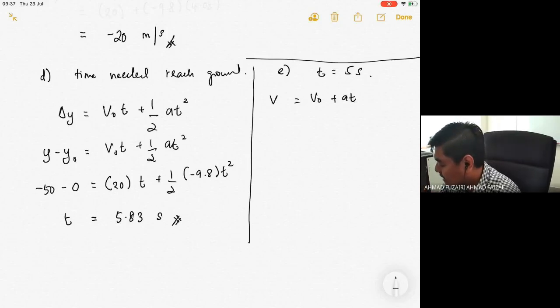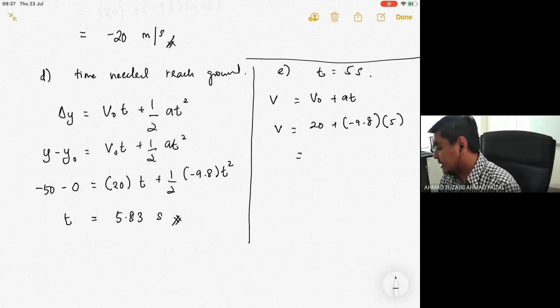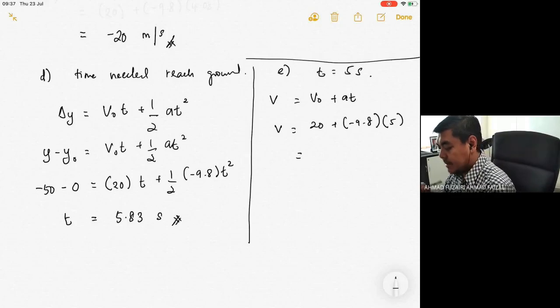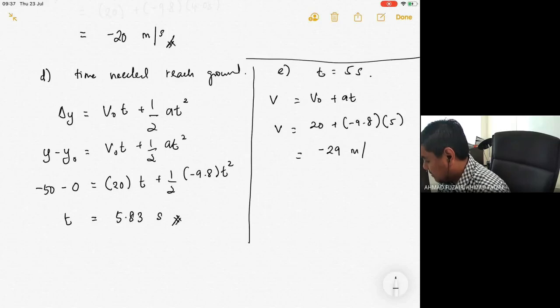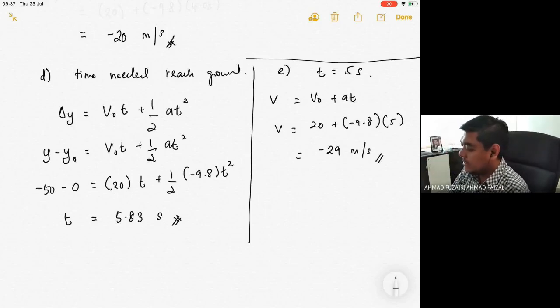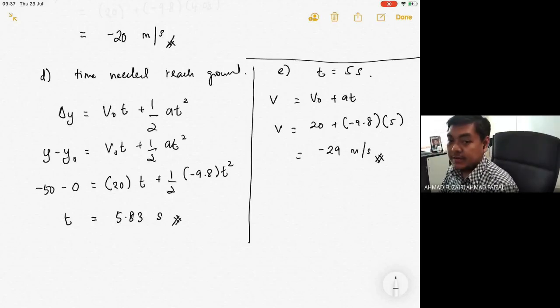So v ialah v naught 20 campur dengan negatif 9.8 kali dengan 5 second. So you tekan kalkulator akan dapat 20 tambah dengan negatif 9.8 kali 5. So jawapan dia negatif 29 meter per second. Don't forget about unit. Okay, unit kalau tak bubuh salah jawapan walaupun betul tapi boleh jadi salah.